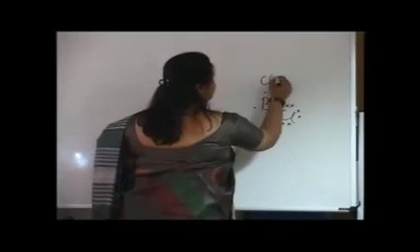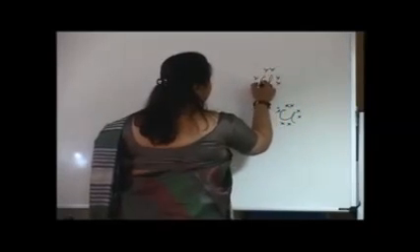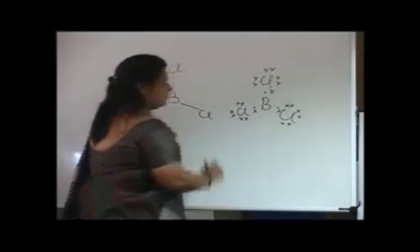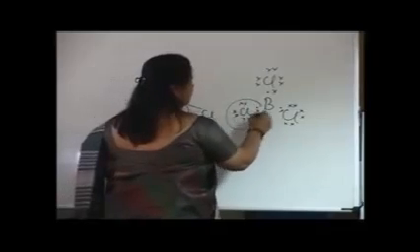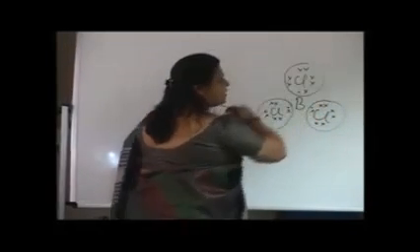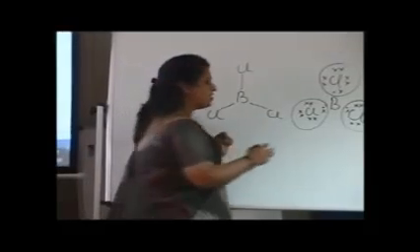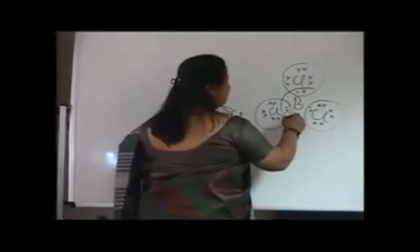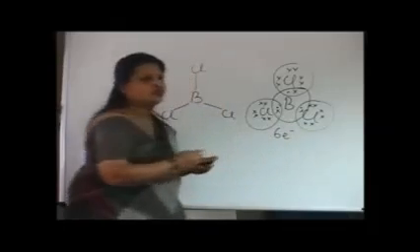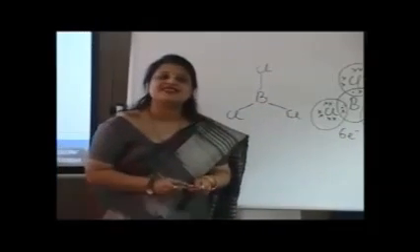Similarly is the case of the remaining chlorine atoms. This is what happens with chlorine. The octet of chlorine is complete, but boron is having only 6 electrons. Instead of 8, it is having only 6 electrons.